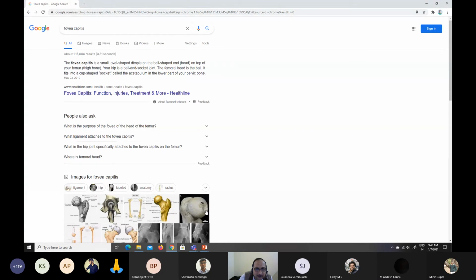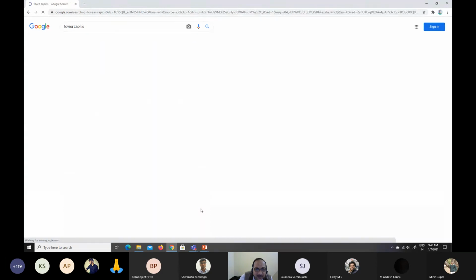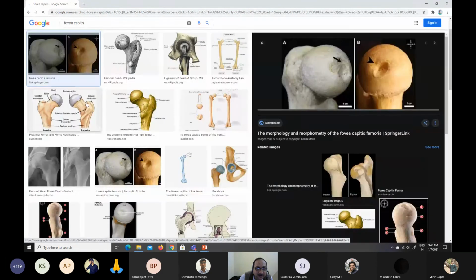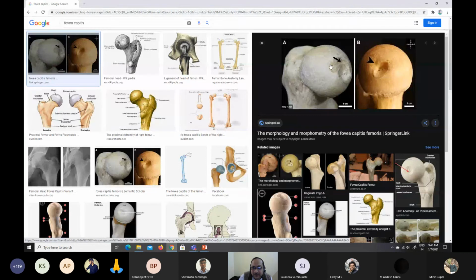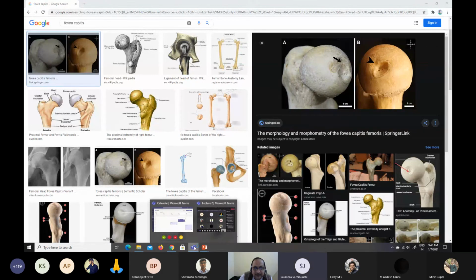It's a small bony landmark and has a specific purpose. Can everybody see this? Yes, sir.